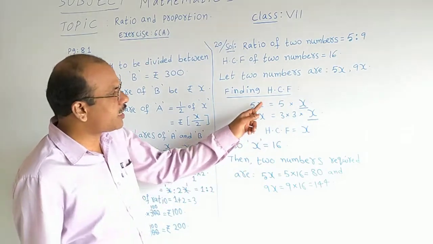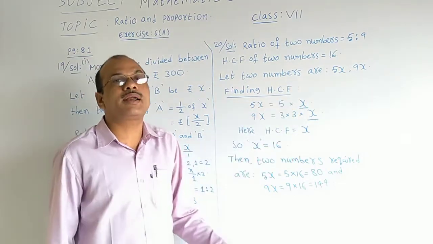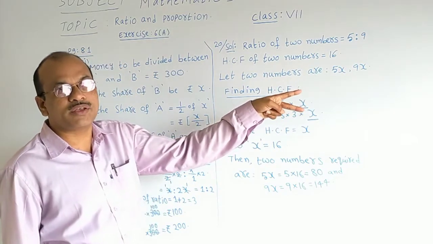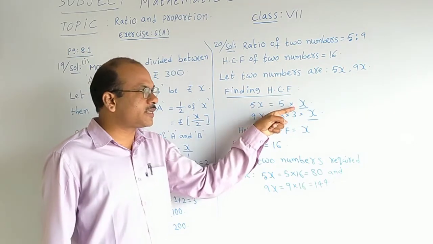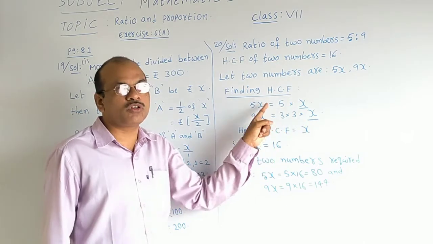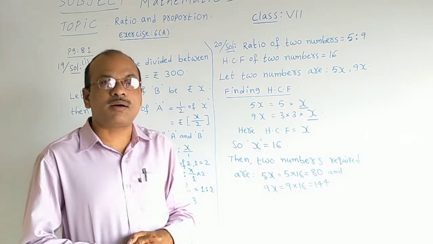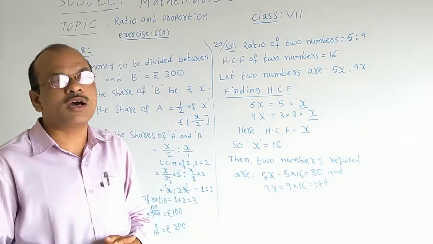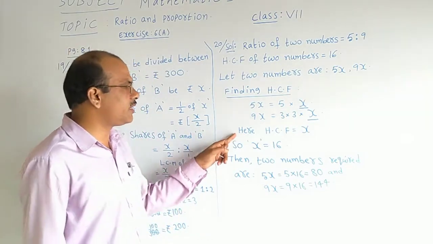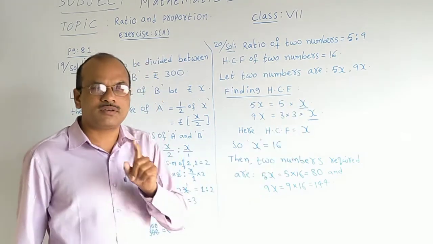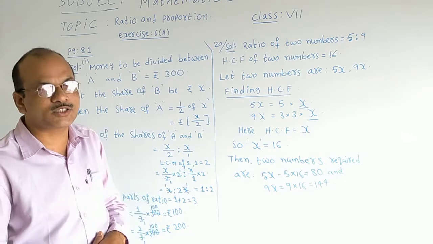What are the common parts that should be underlined in both the rows? x is common in both the rows. No other part is common. That will be the highest common factor of both the numbers. So here the highest common factor is only x, the underlined part.